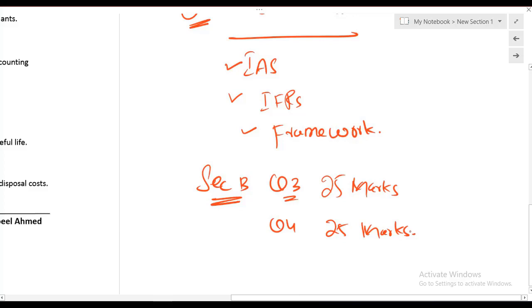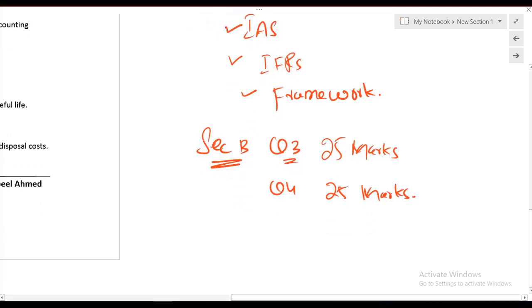Normally, at least in one question, you should be mentally prepared that you are going to face around 5 to 6 different IASs, or maybe 2 to 3 IASs and 1 or 2 IFRSs. And it is also possible that the examiner can ask 5 to 7 marks, even a 10 marks question, on a current issue as well.